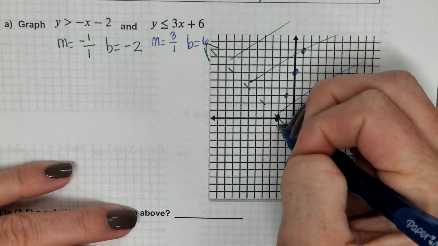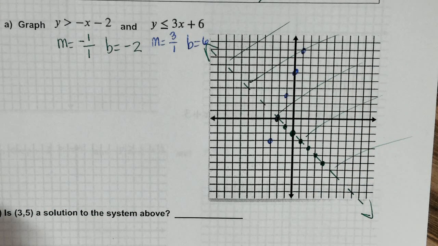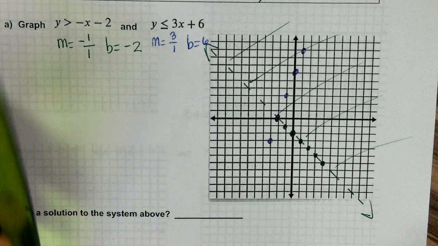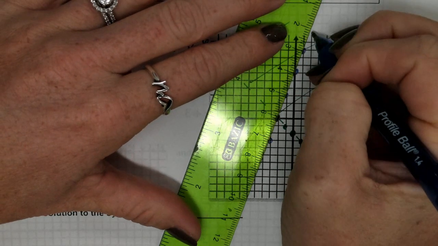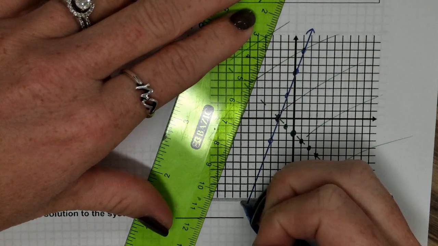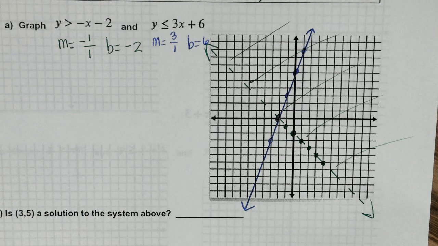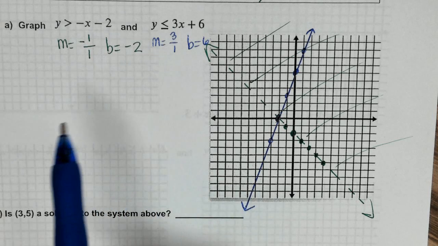Okay, and then when I make a line out of this one, will it be solid or dashed? Solid. And it is less than or equal to.